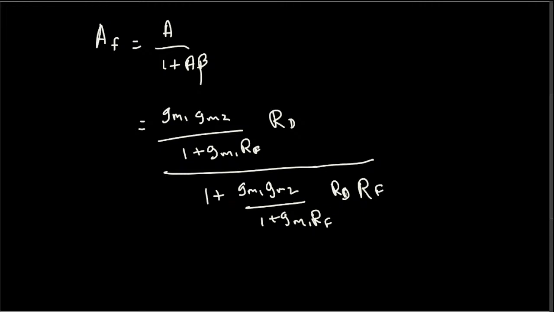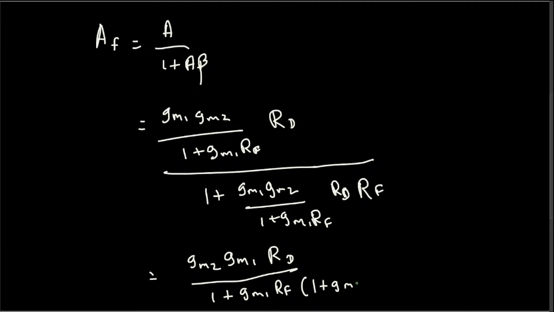Okay, you can simplify this one in a simpler form. If you simplify, this one comes out to be gm2 gm1 times rd divided by 1 plus gm1 times rf times 1 plus gm2 times rd.